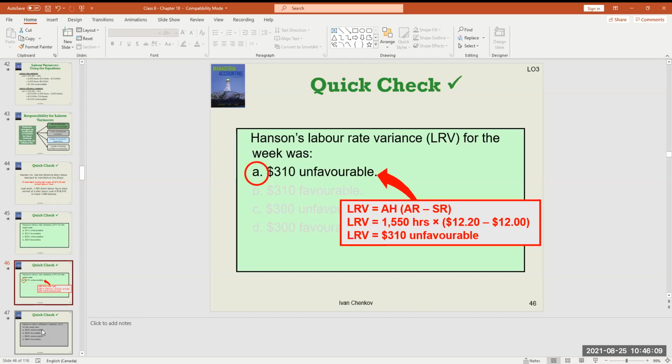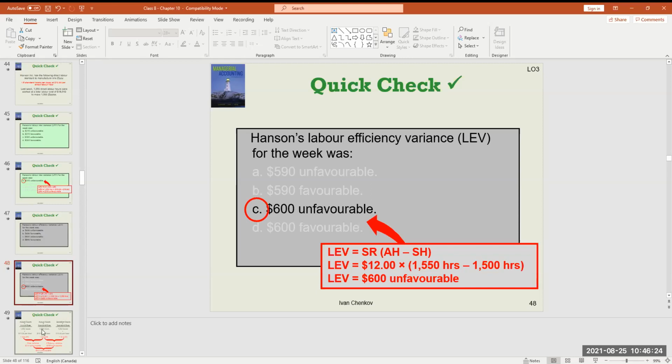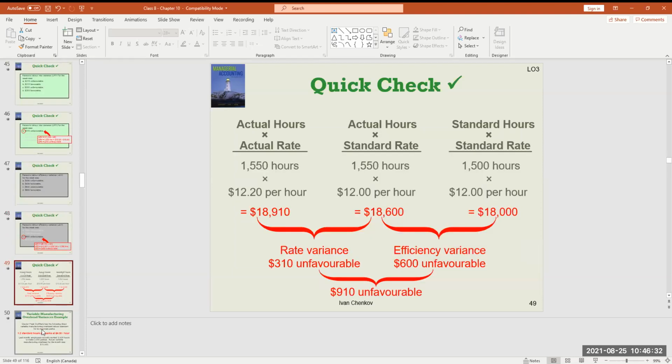You stay with the actual hours and chase the difference between the rates. Efficiency variance: C. How do we calculate it? We stay with the standard rate and chase the difference between the hours, actual versus standard. In the form of a chart, that's how it's going to look.